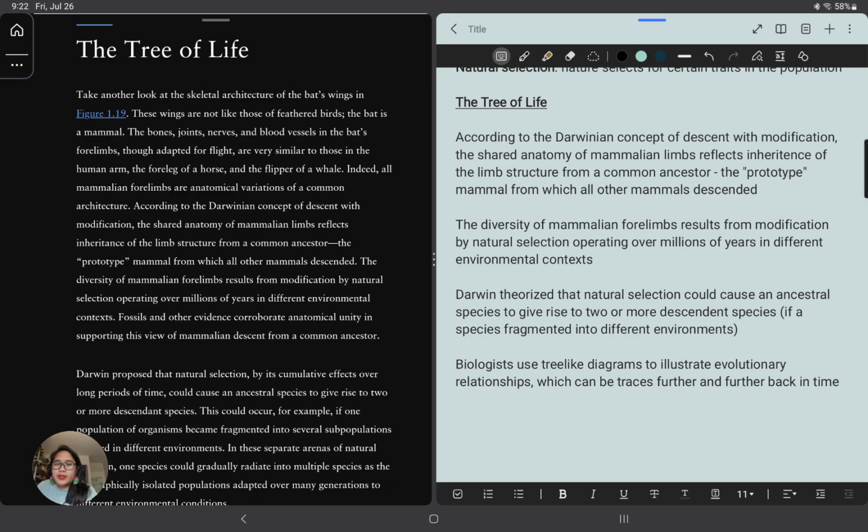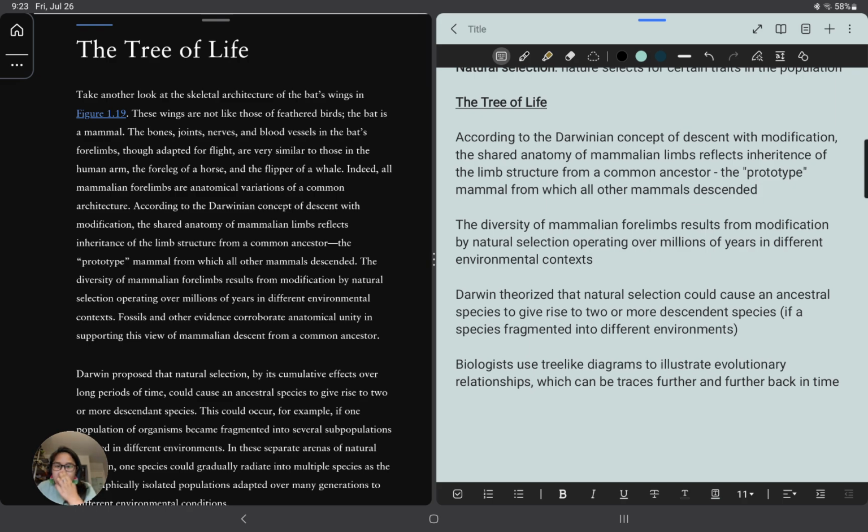The bones, joints, nerves, and blood vessels in the bat's forelimb, though adapted for flight, are very similar to those in the human arm, the foreleg of a horse, and the flipper of a whale. Indeed, all mammalian forelimbs are anatomical variations of a common architecture.